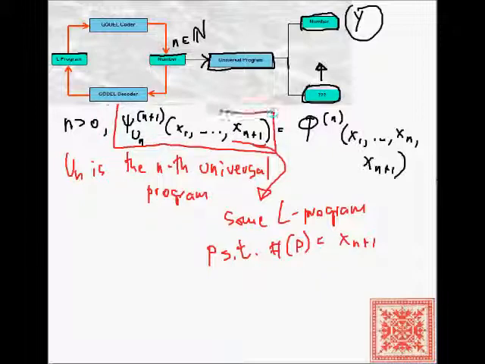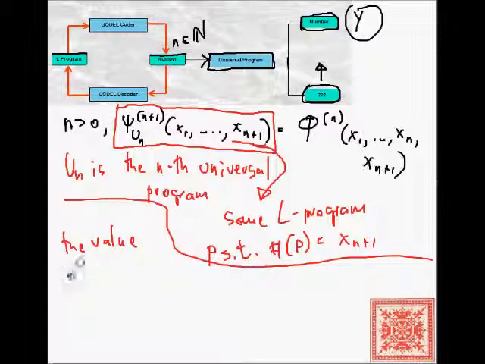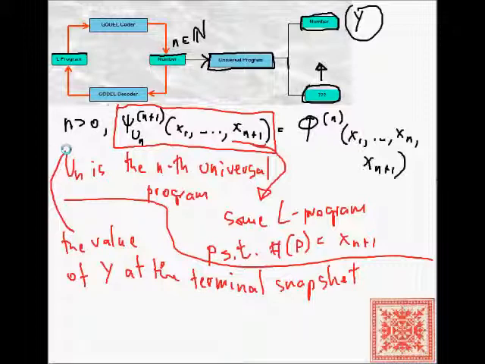This value denotes the value of the y register of u sub n, the value of y at the terminal snapshot of u sub n. If u sub n never terminates, for example if the program p has an infinite loop, then that value is not defined.